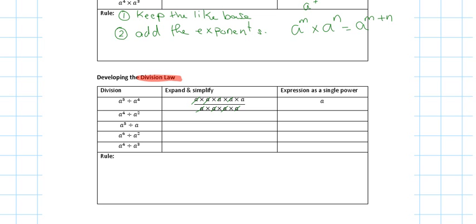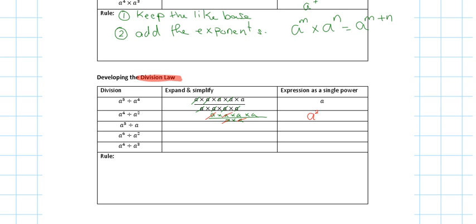Now if I do a to the power of 4 divided by a to the power of 2, that's a times a times a times a over a times a. And now I can cancel them. One from the top, one from the bottom, one from the top, one from the bottom. And I'll be left with a to the power of 2. How about the next one? What would my answer be?